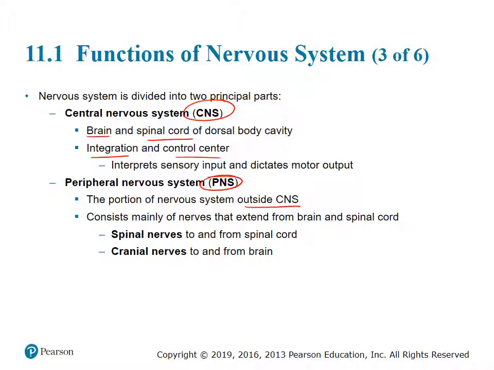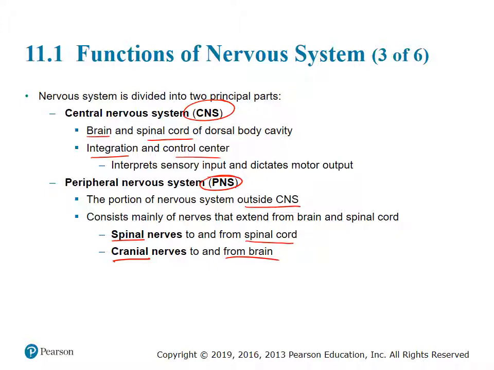And so there are two main sections of the PNS, the spinal nerves and the cranial nerves. Easy to remember because the spinal nerves stand for spinal cord, so these are the nerves coming out of the spinal cord. So spinal cord is CNS, but anything kind of pushing itself out is considered spinal nerves. And the cranial nerves are anything that comes out of or goes to the brain. Okay?